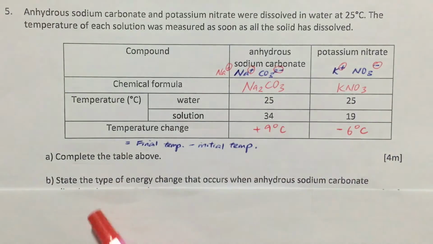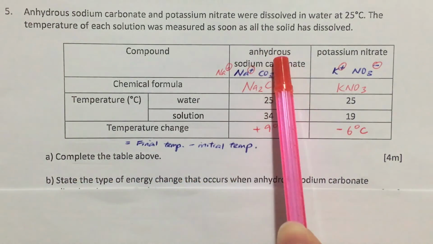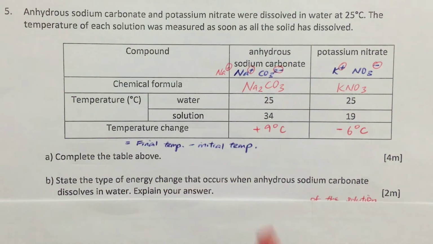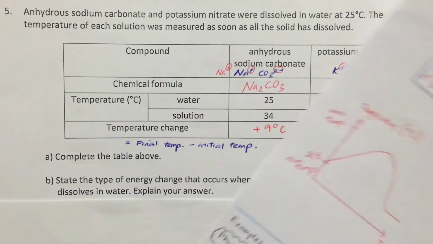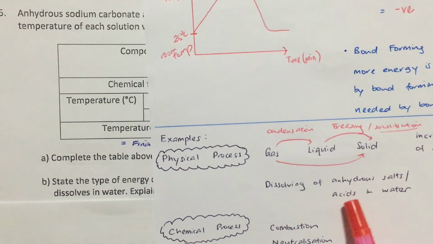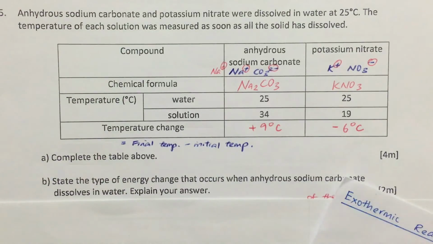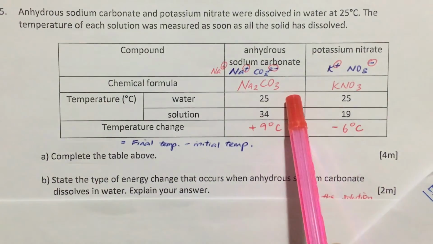Okay, next question. State the type of energy change for anhydrous sodium carbonate dissolving in water. So before you even do the question, if you can remember that dissolving of anhydrous salt in water is exothermic, you would guess that this is an exothermic reaction.